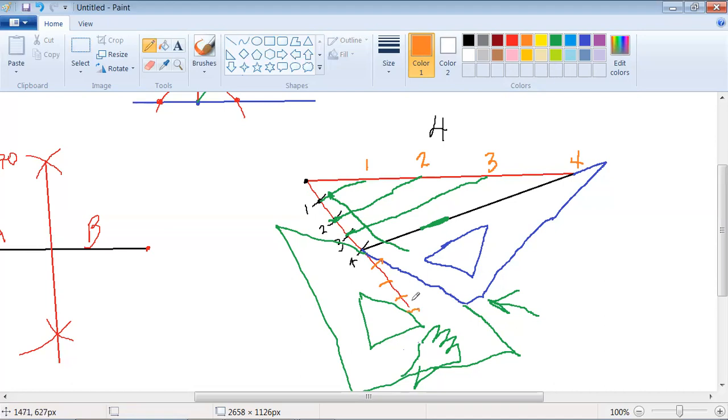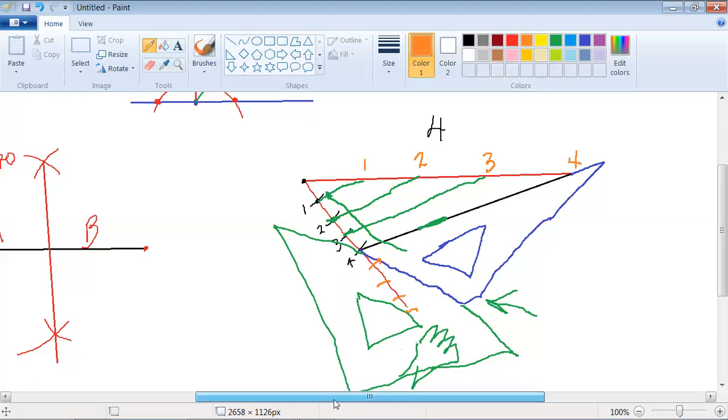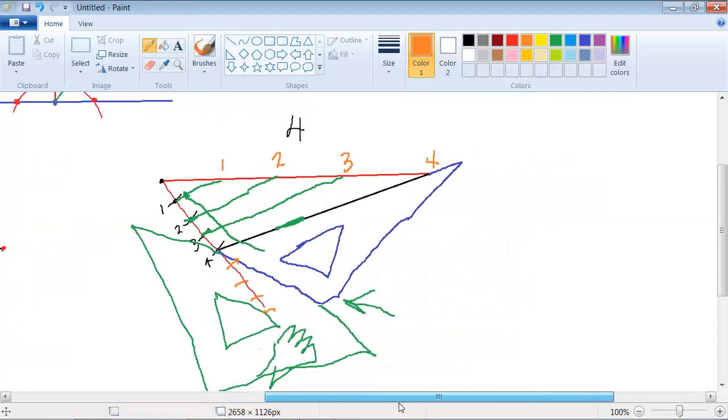If it's 8, 8, if it's 6, 6, 7, 7. All right, that is the idea of the technique of dividing a line into an equal number of parts.